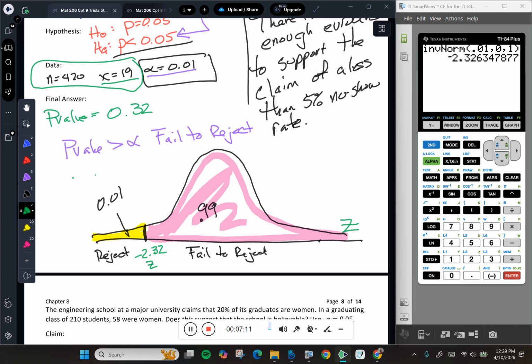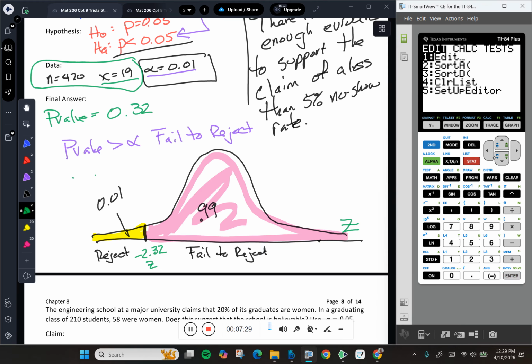When I convert that to a z-score, it's going to fall somewhere on that horizontal axis. And if it's any number left of negative 2.32, then we'll reject the null hypothesis. And if it's any number to the right, we will fail to reject.